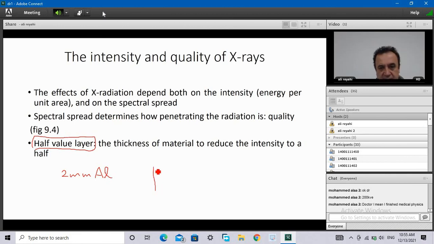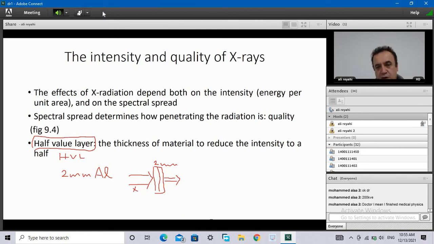I mean that a layer of aluminum with thickness of 2 millimeter, if I put in front of an X-ray, reduces its intensity to half. Okay, we say that half value layer, HVL, of this X-ray is 2 millimeter aluminum.